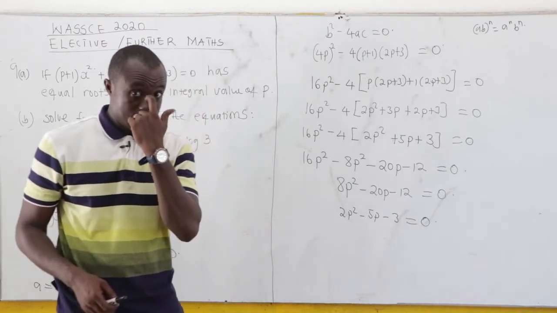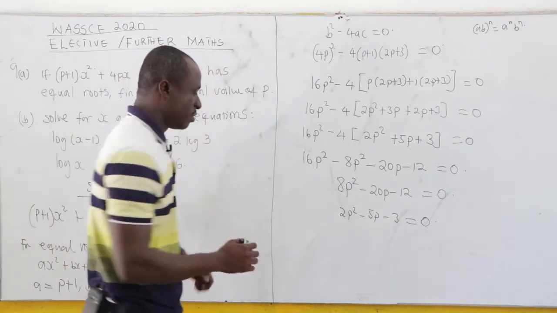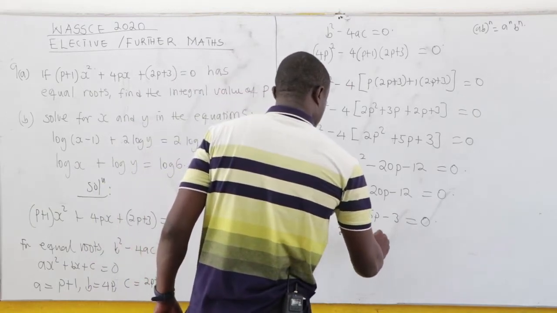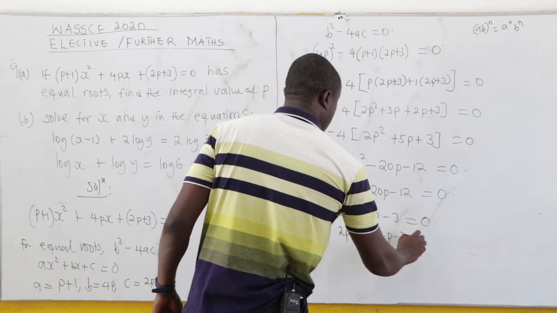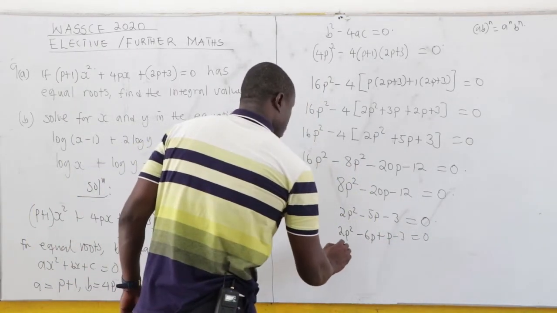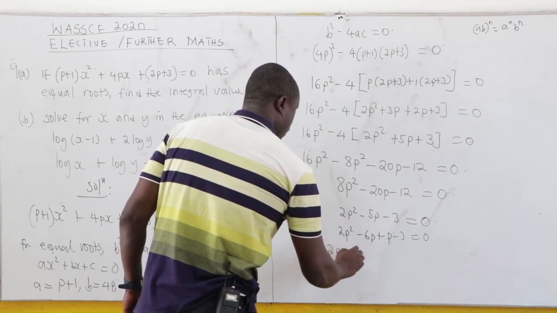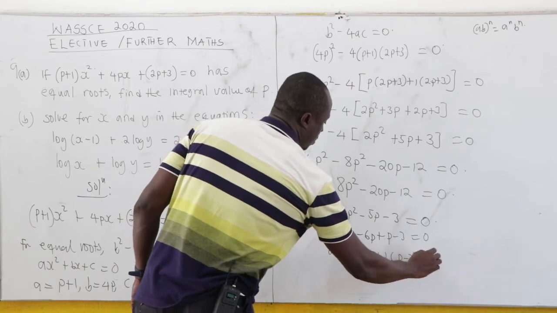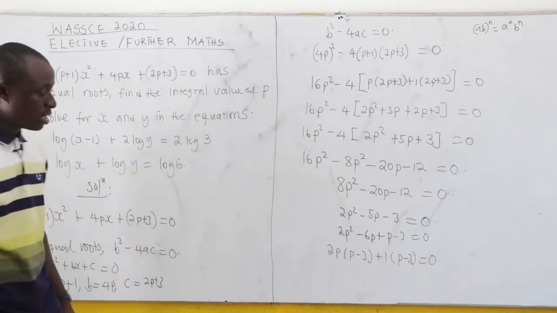And this is clearly negative 6 and positive 1. So we have 2p² − 6p + p − 3 = 0. Factorize. So here we can see that 2p is common. So we have 2p(p − 3) + 1(p − 3) = 0.